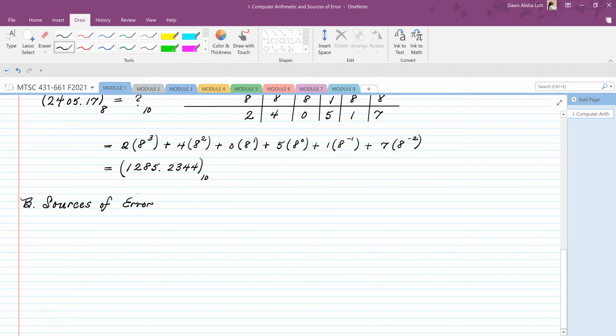Okay, so we have two types of error. There's actually what we call true error and relative error. Does anybody know the difference? Okay, well, let's first define true error.